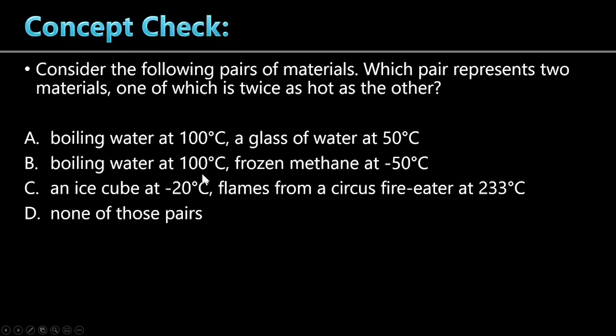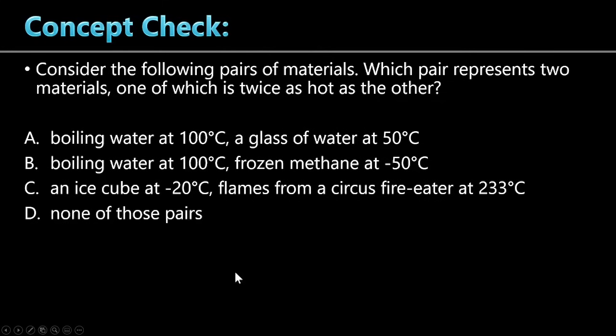Is it letter B, 100 degrees Celsius and negative 50 degrees Celsius? Letter C, ice cube, negative 20 degrees, and flames from a circus fire eater. Ang flame daw ay 232 degrees Celsius. Or none of those pairs.